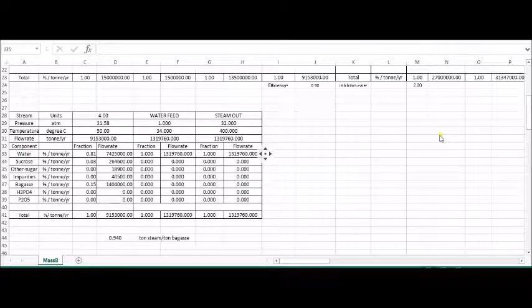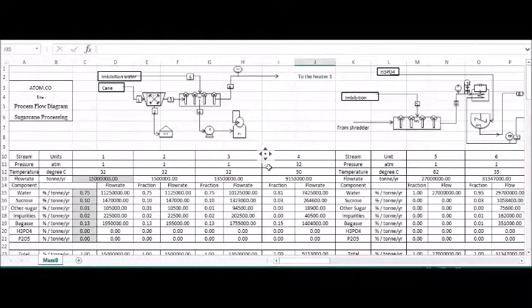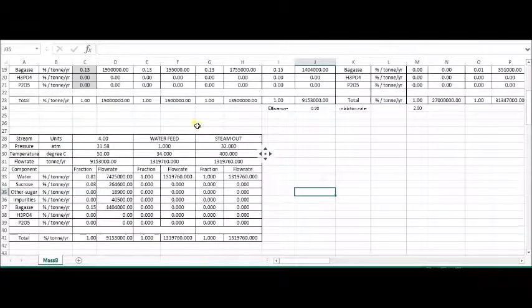Continuing on to the boiler. Stream 4 from the unit operation of the miller is the bagasse that we have produced. So we use the bagasse in the boiler to produce steam.